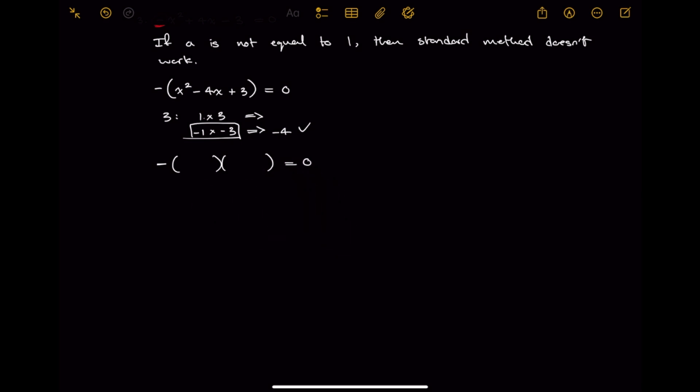Okay, so these two multiplied together gives you 0, and we are going to make an agreement with the signs, giving us a final factored form of negative 1 times x minus 1 times x minus 3 is equal to 0. And finally, if you want to find the solutions to this quadratic, we are going to use, as you've probably guessed by now, the zero product property, which will then lead us to x is equal to 1 and x is equal to 3 as the solutions.